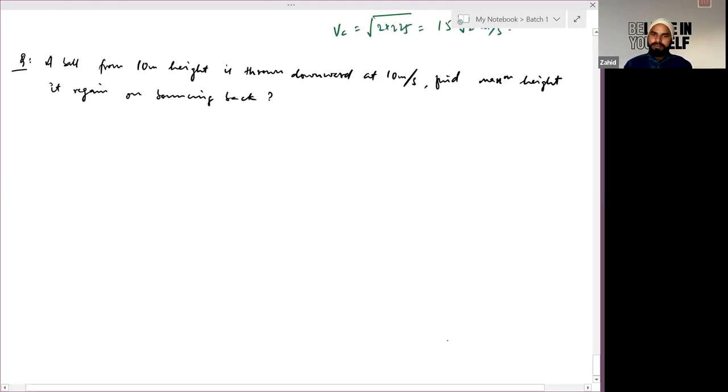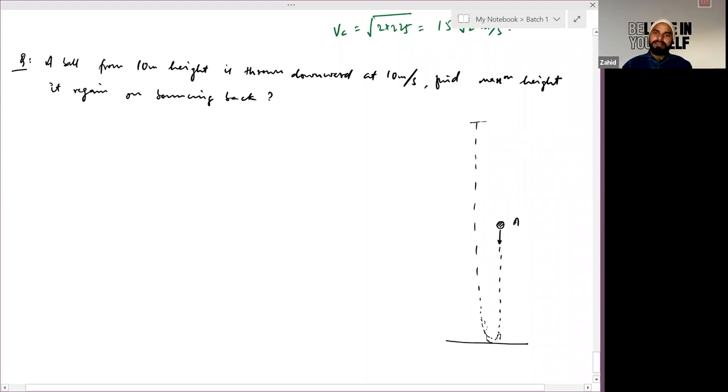In this part, suppose this is the surface. So a ball from this height is thrown downward with some velocity, 10 meter per second. On hitting this surface, it gets rebounded back along this path to reach this point.